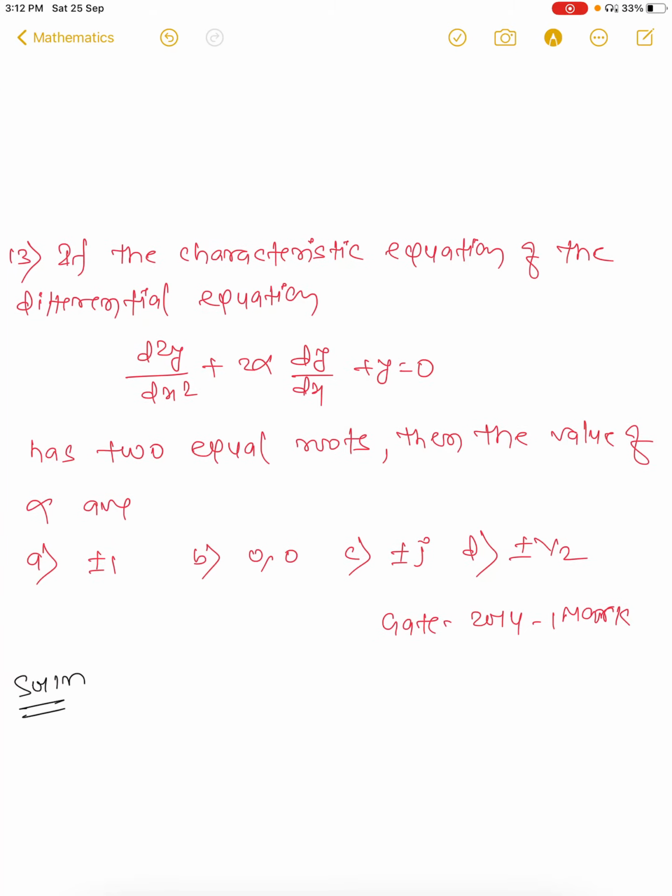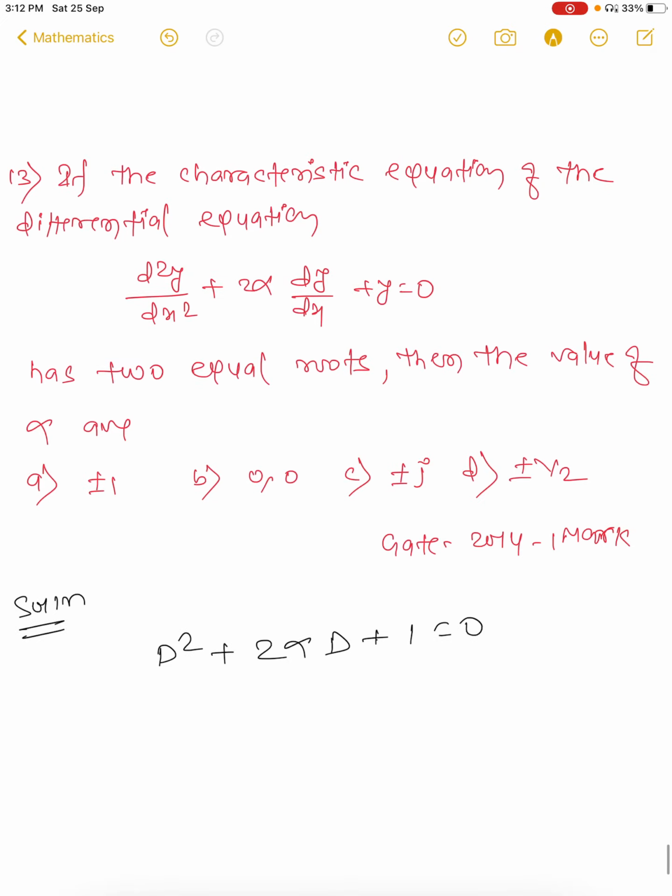So D² plus 2 alpha D plus 1 is equal to 0, meaning m² plus 2 alpha m plus 1 is equal to 0.